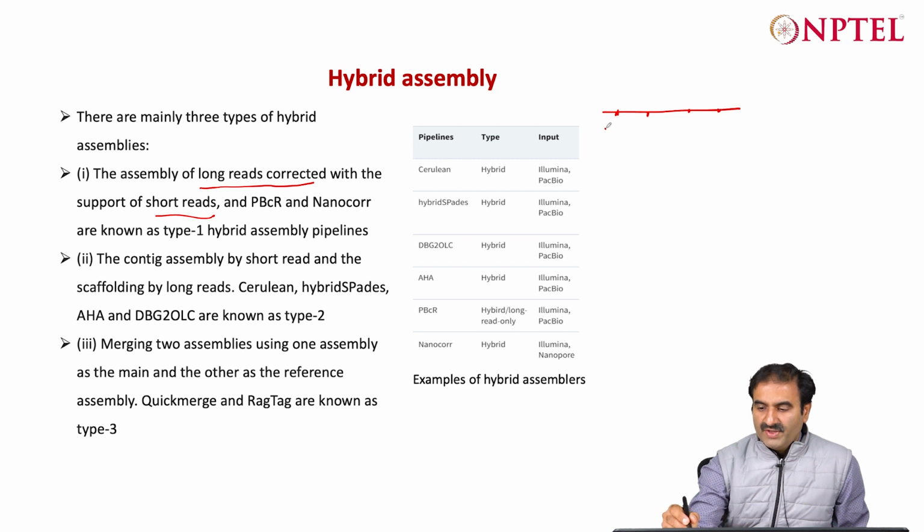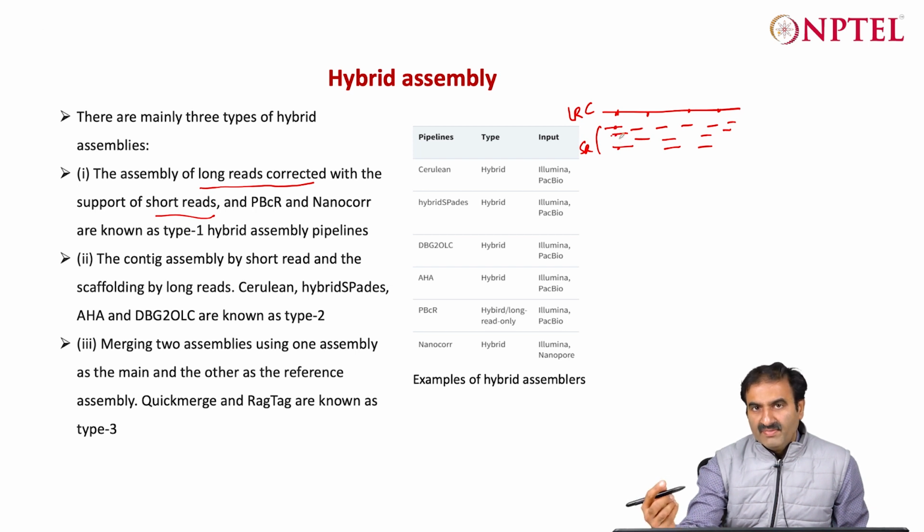So when you are using the short read data, then you can map this data here, and you can find out what is the base pair in the long read contig and the short read. So you can check the same base pair, what is the correct base pair at that position in the short reads, and correct this error, and this way you can correct the long reads assembly.